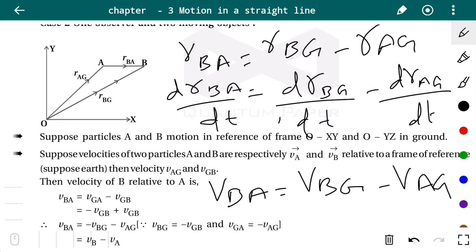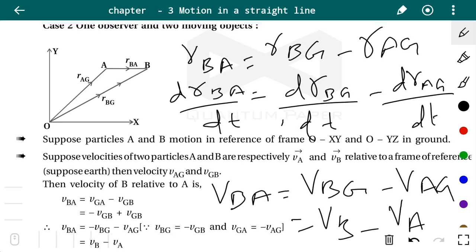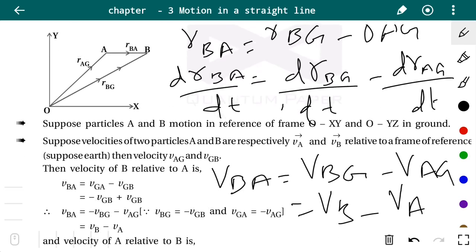So vBG, that is velocity of B with respect to ground, can also be written simply as vB, minus velocity of A with respect to ground, which can be simply written as vA.